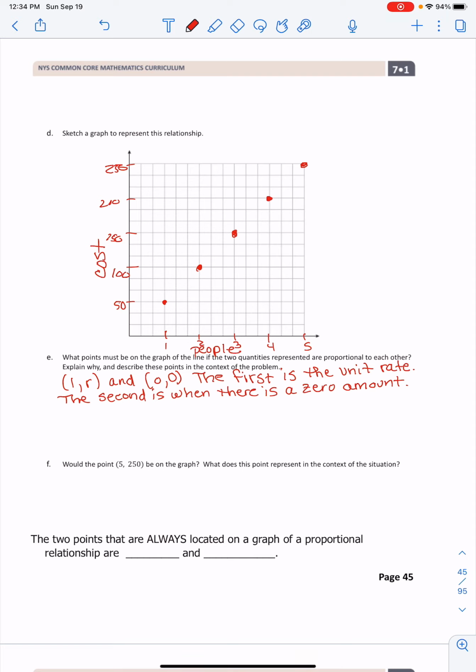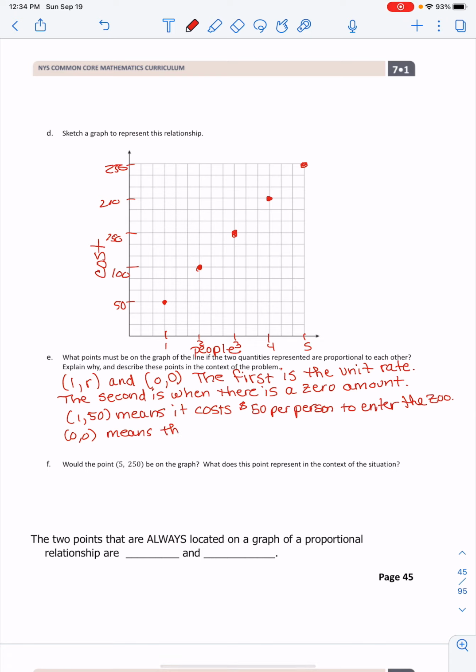So in this case, 1, 50 means it costs $50 per person to enter the park. Zero means the cost is $0 for no one to enter the park.